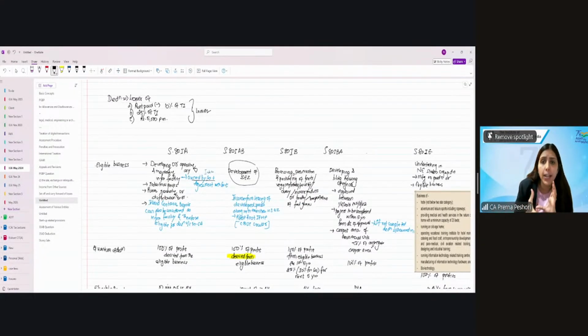So basically food items. If I am into the processing, packaging and preservation, again this is to incentivize the businesses to get into this kind of business so as to reduce the rates for these food products. That's the reason why the government is granting them this deduction of 100% of the profit.